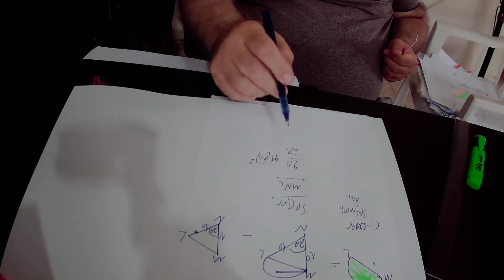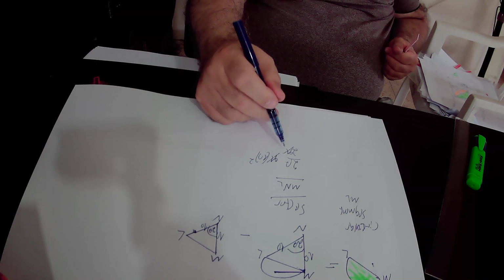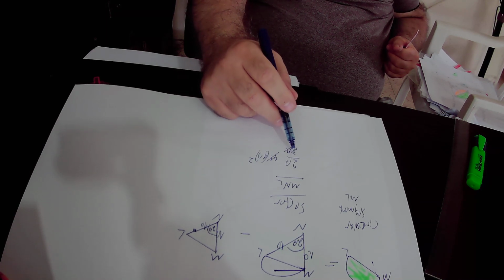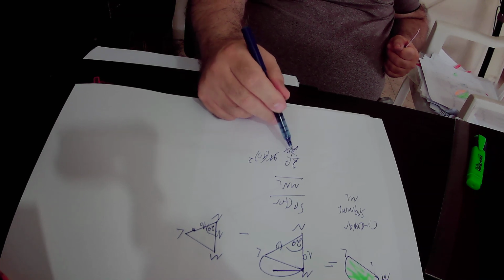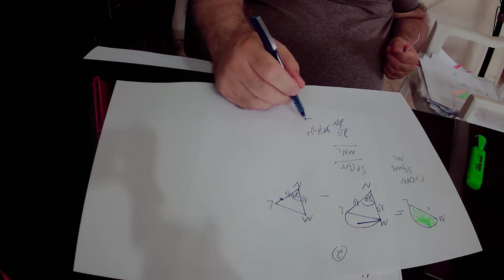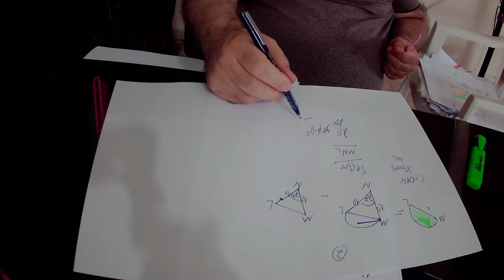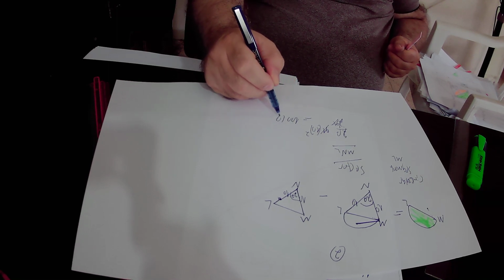Pi in the numerator and pi in the denominator get cancelled, and the 2s also get cancelled. So the area of sector MNL equals 10 squared, that is 100, times theta.